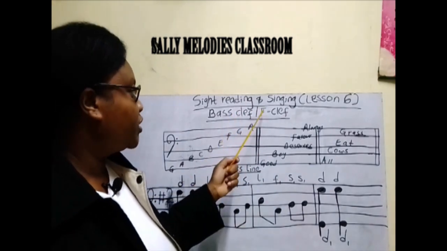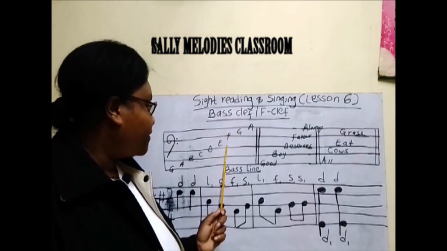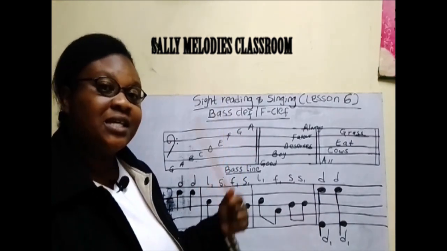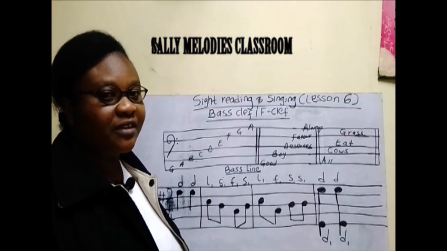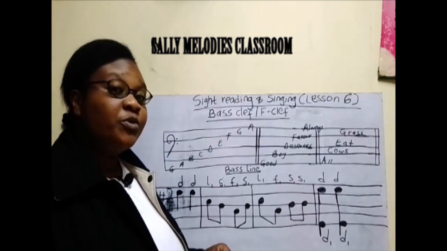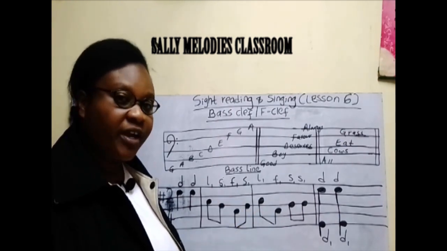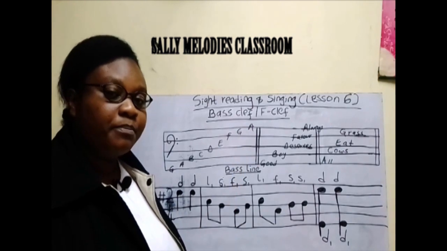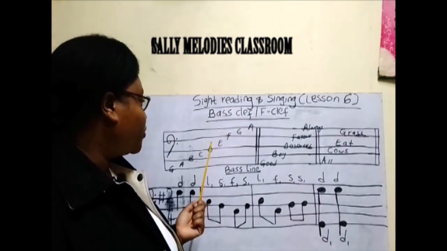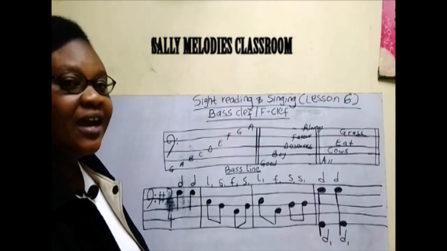and you can also call it F clef. The letter names on this clef are not the same as the letter names on the treble clef. They are positioned differently. Where you found your C on the staff with a treble clef is not the same position you find your C when it comes to bass clef and any other clef.